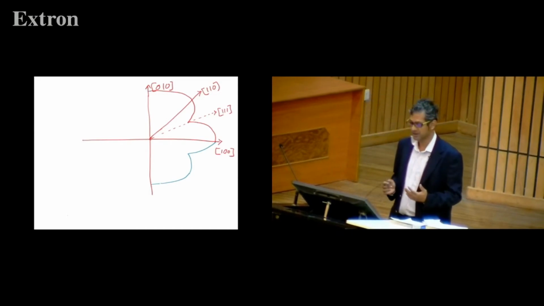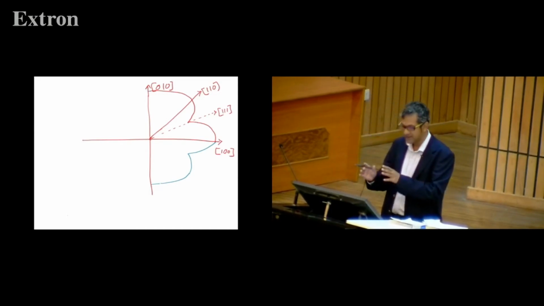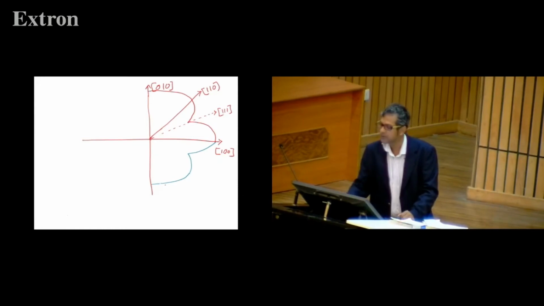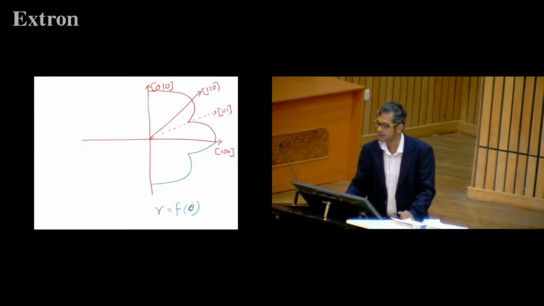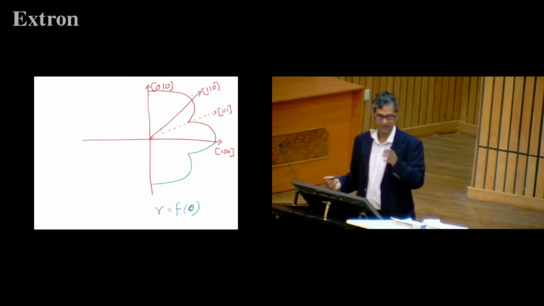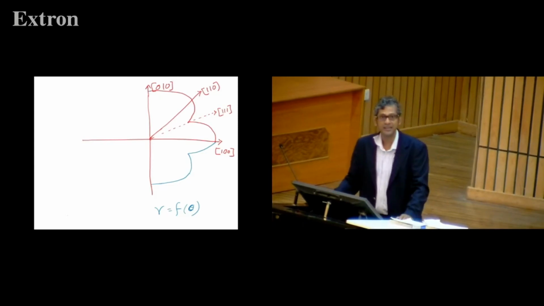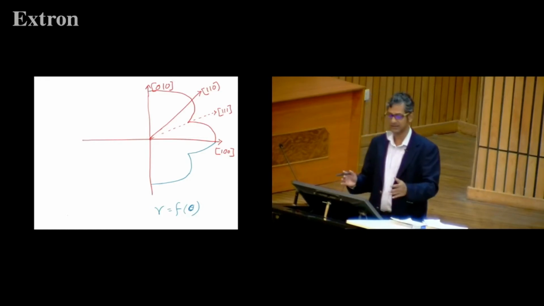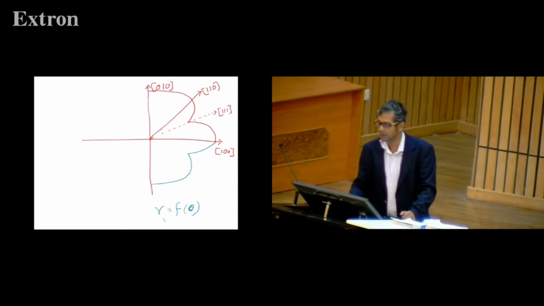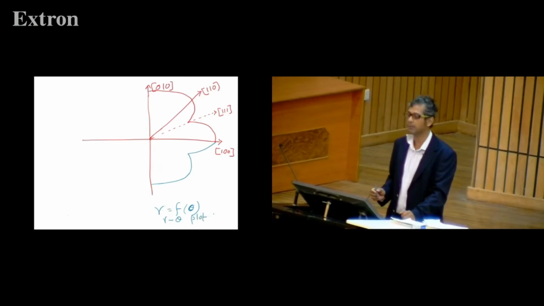Now, Wulff's construction tells you that this is the gamma plot, or gamma as a function of theta plot. How do you know this theta? Because the angular relationship between these different planes is basically given by theta, right. That is the theta, gamma plot, popularly known as the gamma plot.